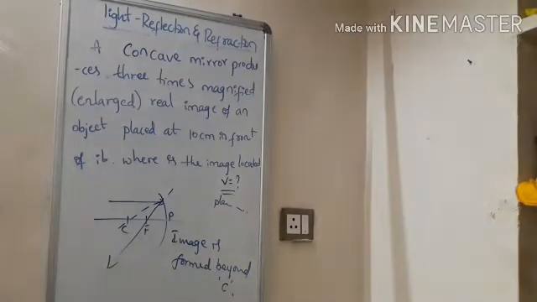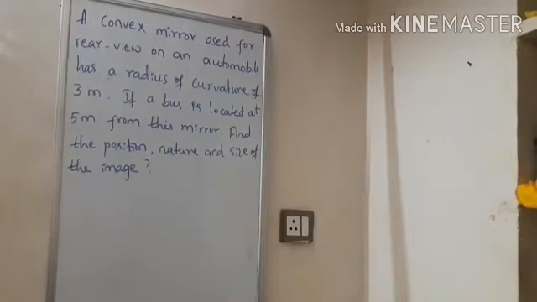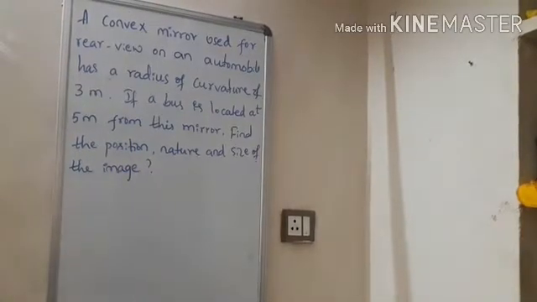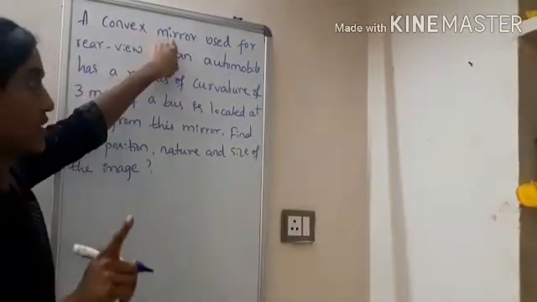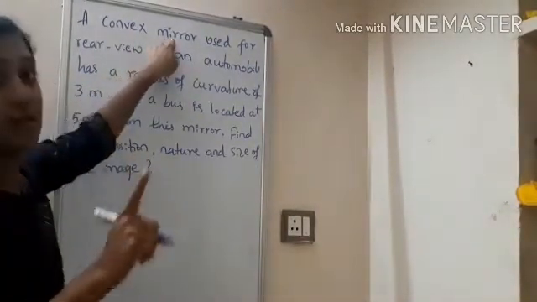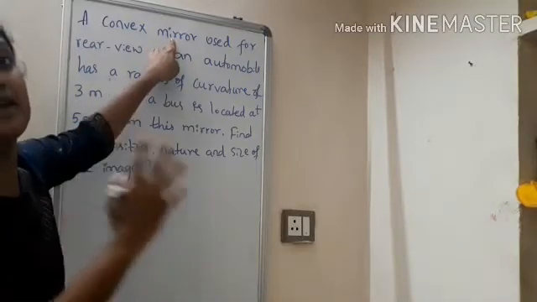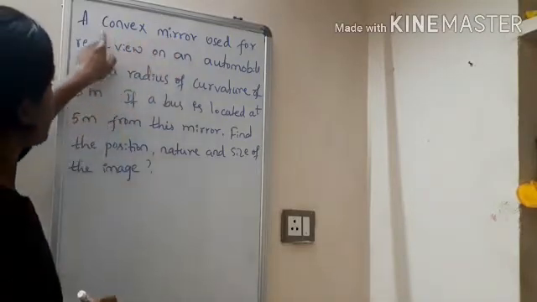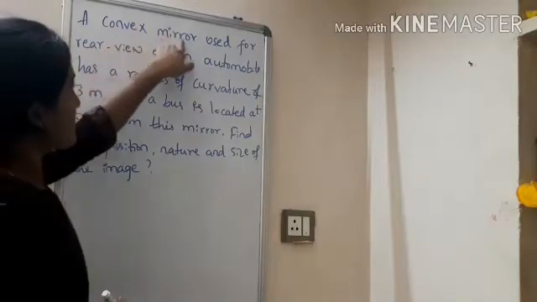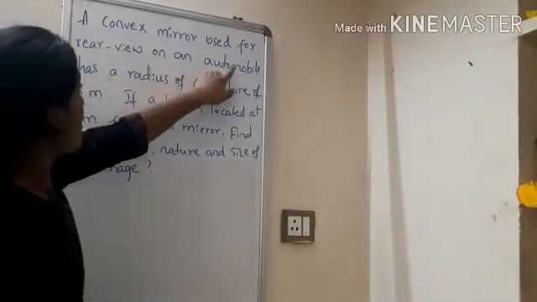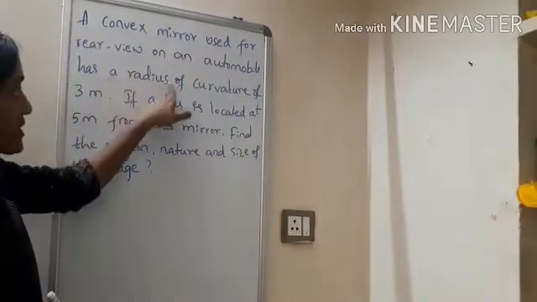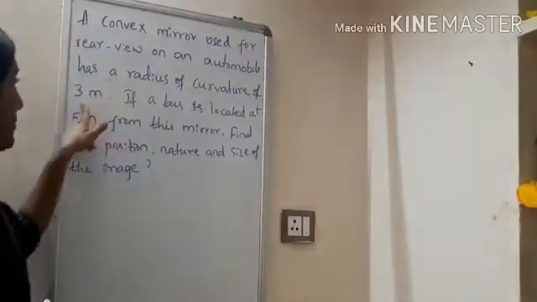Let us see another problem now. Okay, look at the problem here. A convex mirror, convex, not concave, convex mirror. The image will be formed behind the mirror. Remember, a convex mirror used for a rear view on an automobile has a radius of curvature of 3 meter.